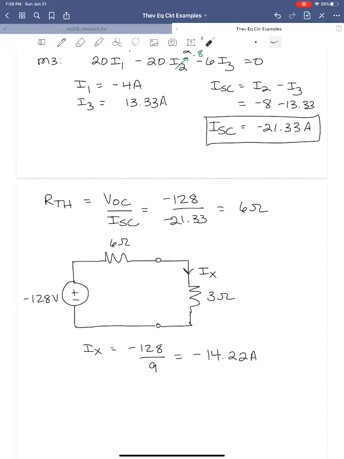Just a reminder, forget about the sign on this voltage source for a second. The current is flowing from minus to plus through the source, so it will flow from plus to minus through the resistor. So the passive sign convention is holding. We don't have to worry about changing the sign on the current here. All right, so IX is equal to minus 14.22.